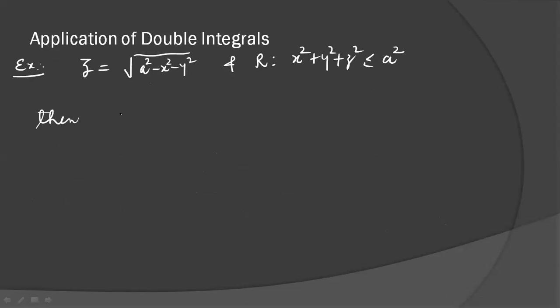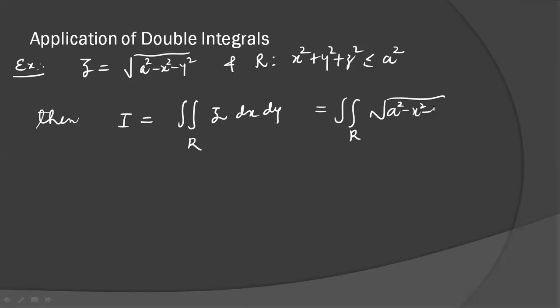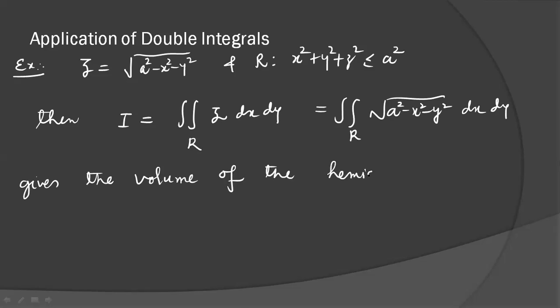Then the double integration over region R of z dx dy, that is the square root of a square minus x square minus y square dx dy, gives the volume of the hemisphere x square plus y square plus z square equal to a square for z greater than or equal to 0, above that side.